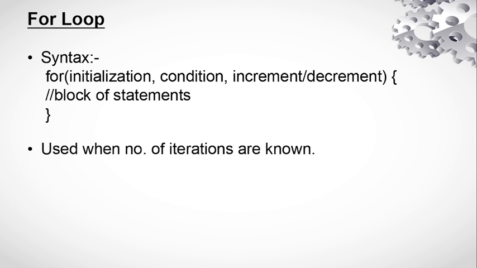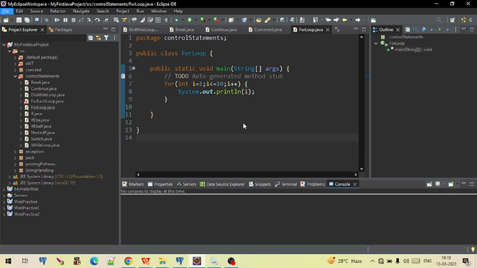Now we will do its practical implementation. Here we will make a program using a for loop in which we print the numbers from 1 to 10. For that program I have made a package whose name is control statements.